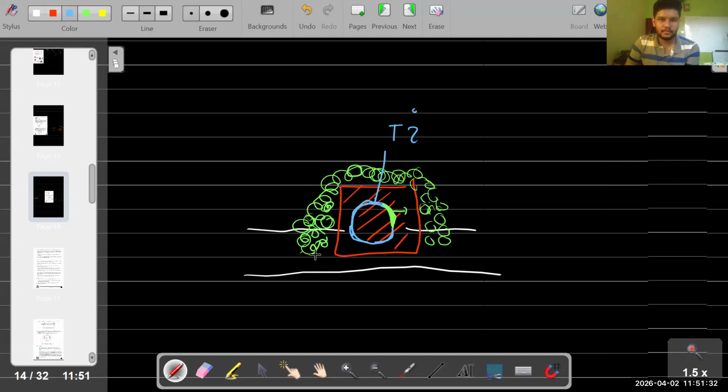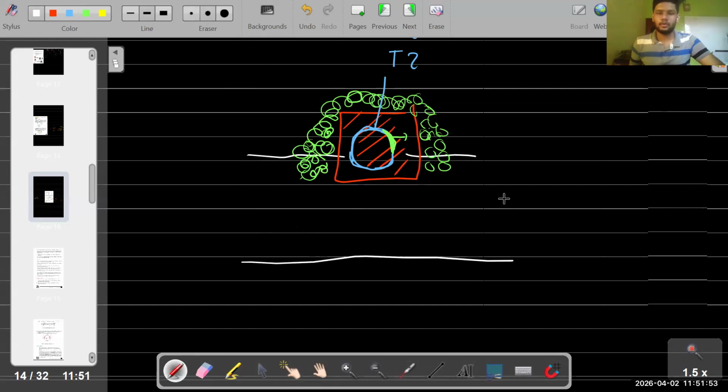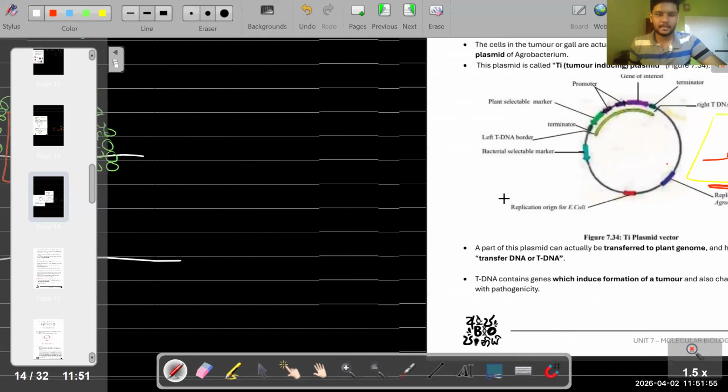Don't move on with confusions or doubts. Clear, right? Very good. I'll just increase the width of the stem so that I can explain it a bit clearly. Okay. Now I'll move to the next part.